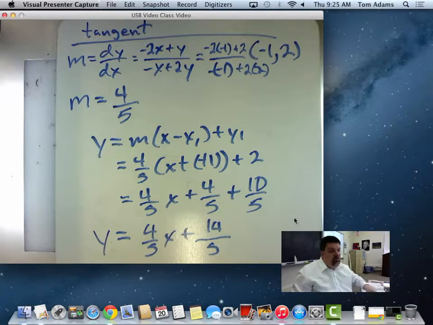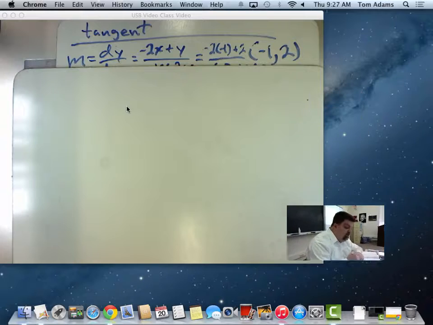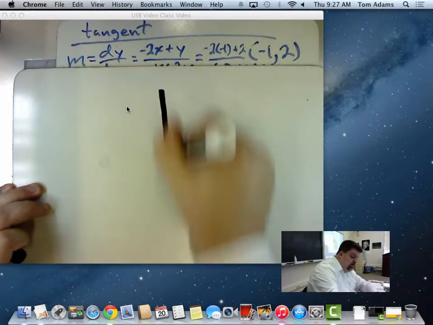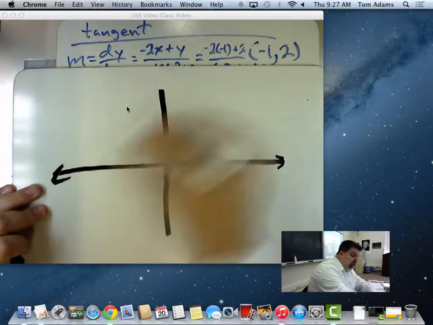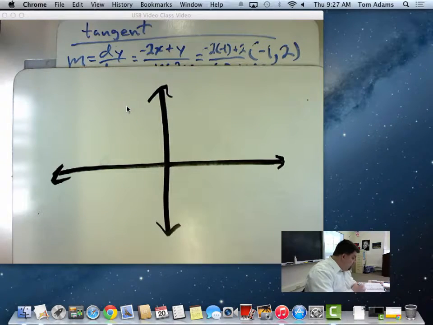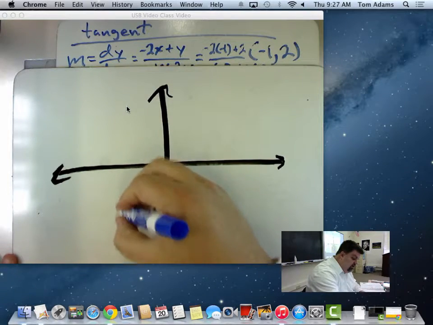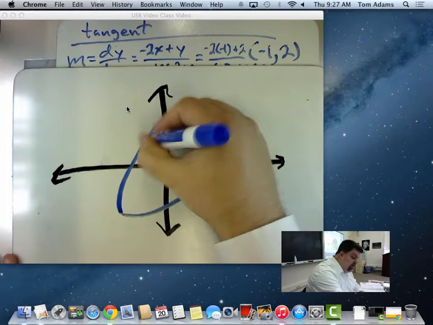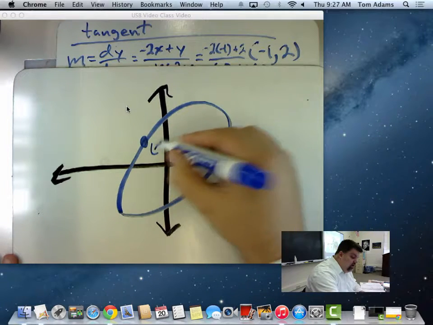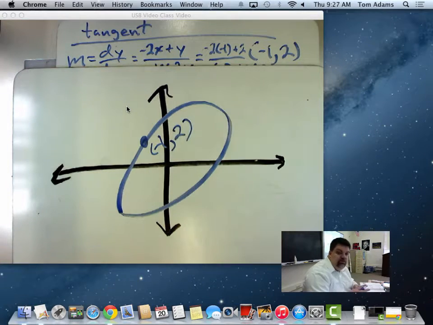Now, how do I verify it? What are we trying to accomplish? Graph this. This is what it would look like graphically. It's kind of an ellipse that's tilted on the side, and it looks like this. It has the point here, -1, 2.